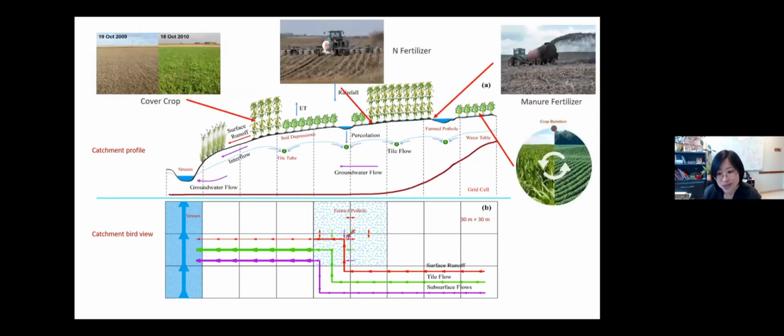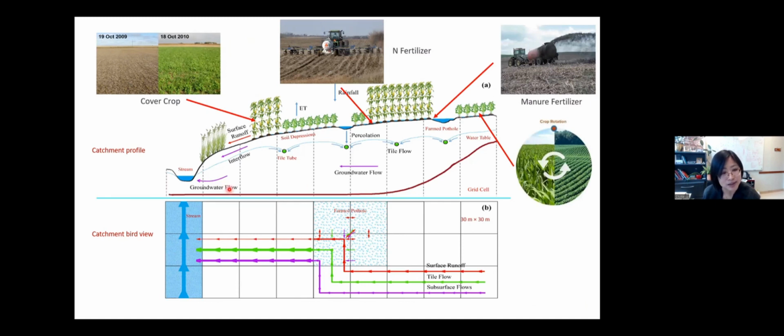Also, thanks to Matt Helmers and his team, we could get precious in-field management data from our farmers. This is something very luxurious to drive our model in this project. Later on, we realized such information is super important for us to reproduce the observed daily nitrate concentration dynamics.